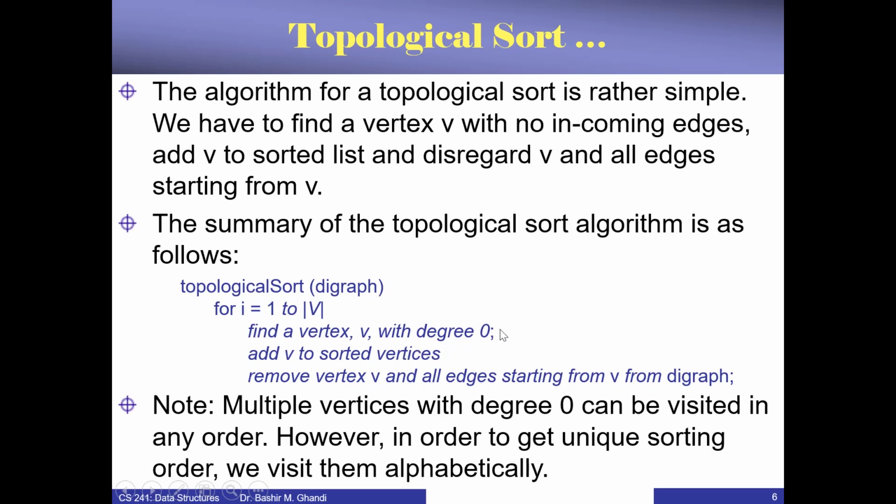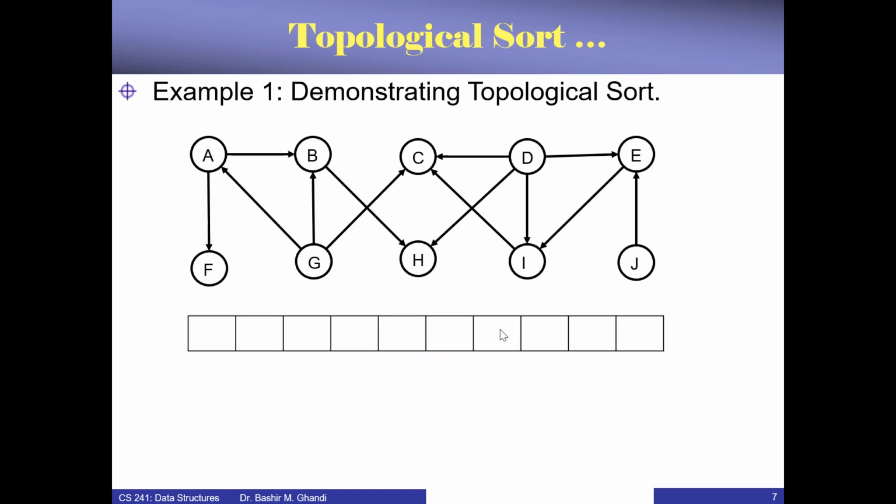Alright, so this is the algorithm, and I'm going to show you a nice animation example that will illustrate this idea. Let's take this graph. The graph has 10 vertices, as you can see, from A to J, and the edges are as shown here.